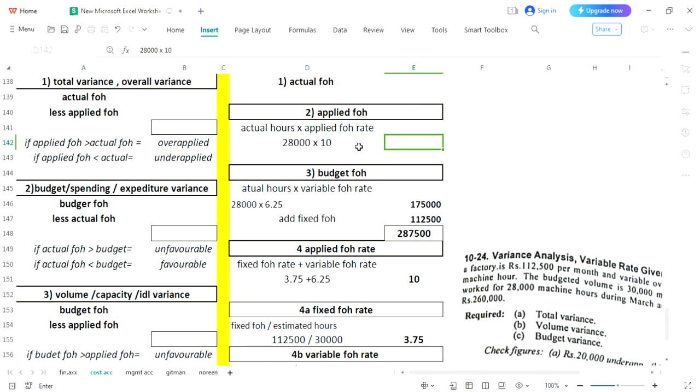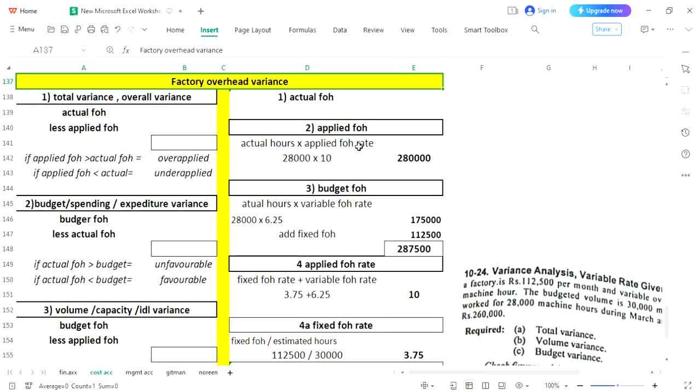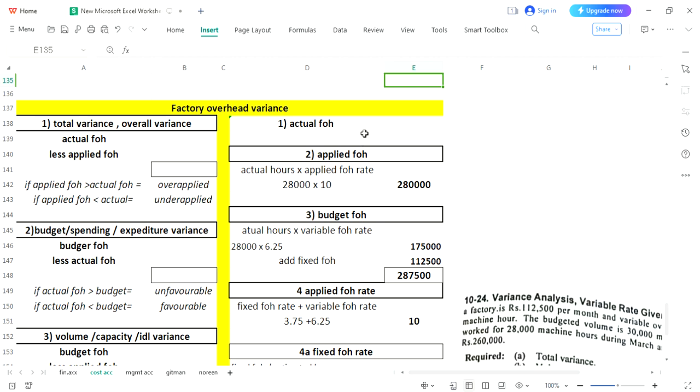Alright, statement is completed. We are putting it on calculator. 28,000 were the actual hours, and variable FOH rate was 10. So this way you have completed your applied FOH as well. Lastly we need to have actual FH. For that, see this question.